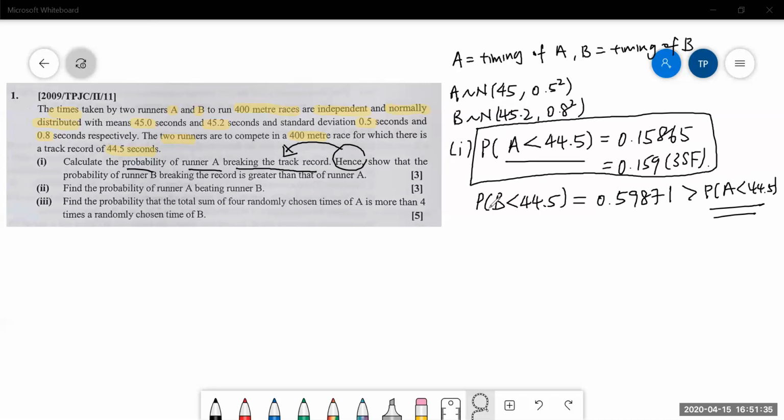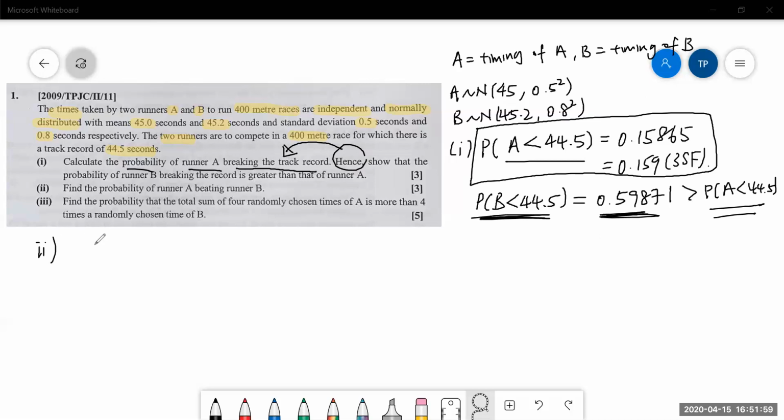So to show that the probability of runner B beating the record is greater, we just have to find the probability of B breaking the record and show that it is greater. Make sense? Okay.